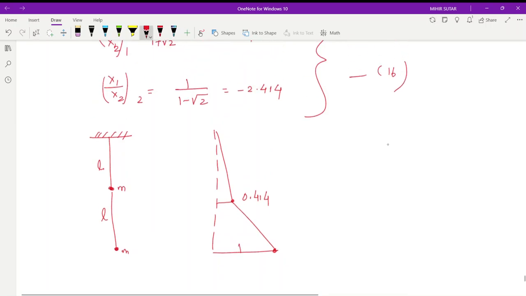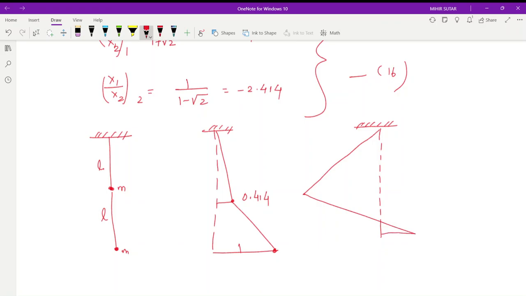And the second mode can be plotted as minus 2.414, and this will be 1.